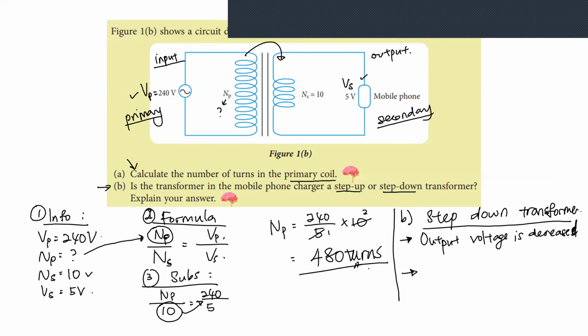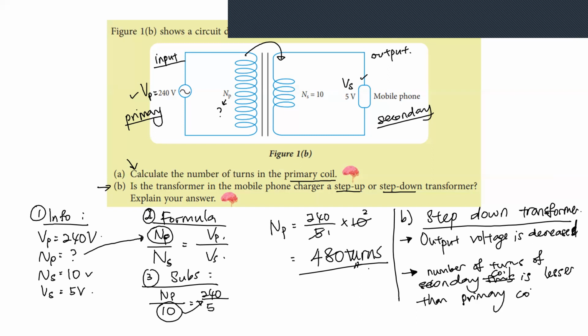Or we say the number of turns of the secondary coil is less than the primary coil.